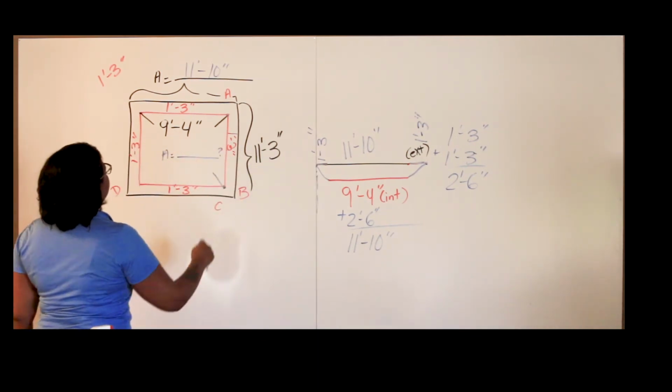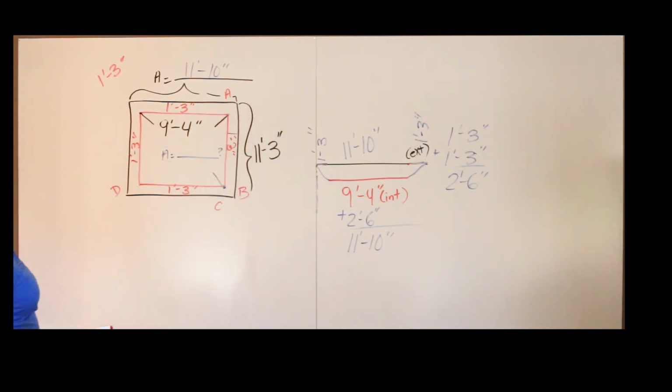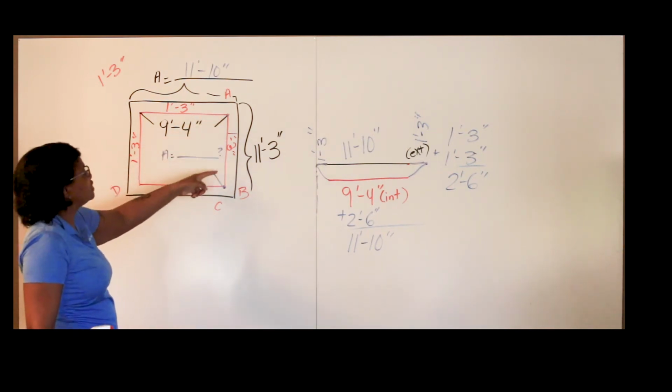We want to find the distance vertically. That interior wall right there, side B. So, we have an exterior measurement that's 11 feet 3 inches. The interior measurement, is it smaller? Yes, it is. It's smaller.